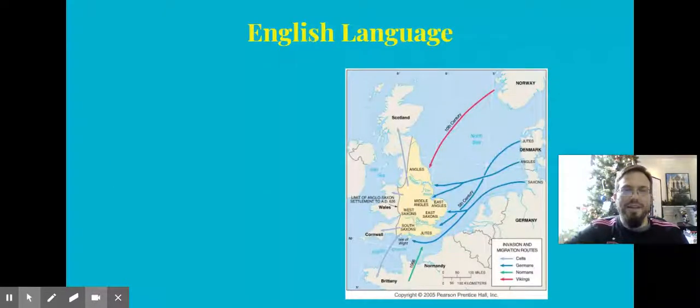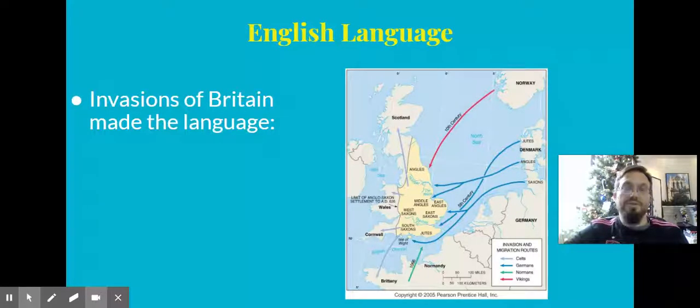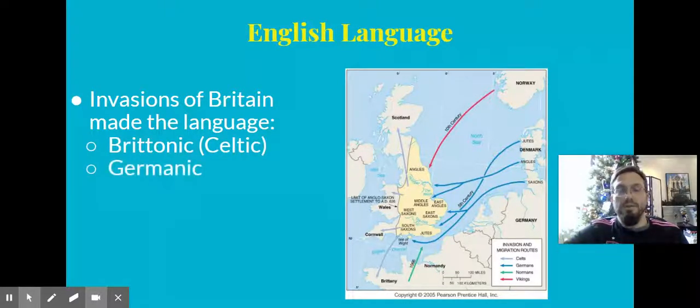So the English language is largely a giant mess because it started in, well, England, hence English, with a series of different invasions throughout the centuries. The people who lived there originally spoke a Celtic language, but then they were invaded by a bunch of different people who spoke Germanic languages and taken over by those different cultures.